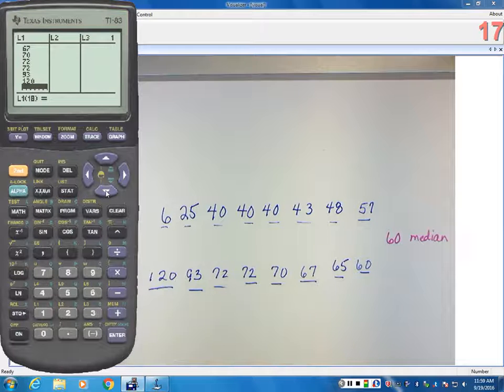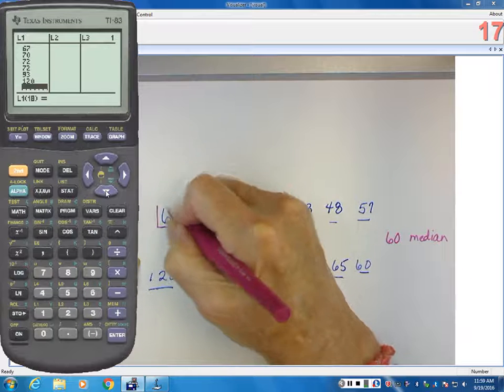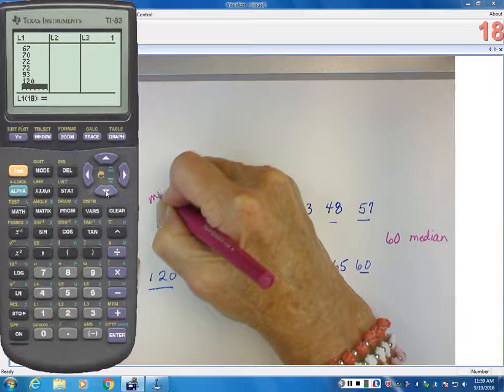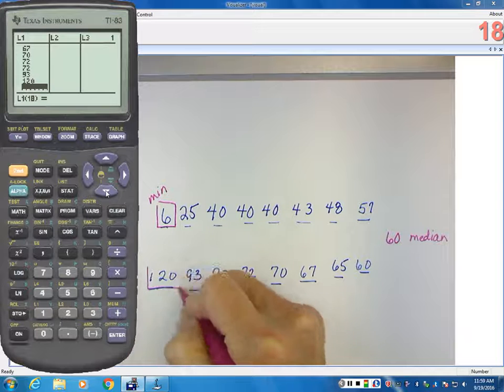So there's the whole data set. This is my minimum value. And this is my maximum value.